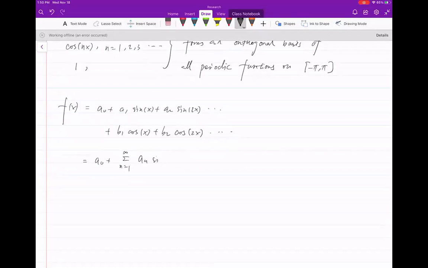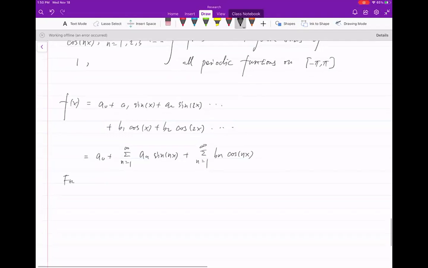a_n sine nx plus the sum from n equals 1 to infinity of b_n cosine nx. That is called the Fourier series of f(x).